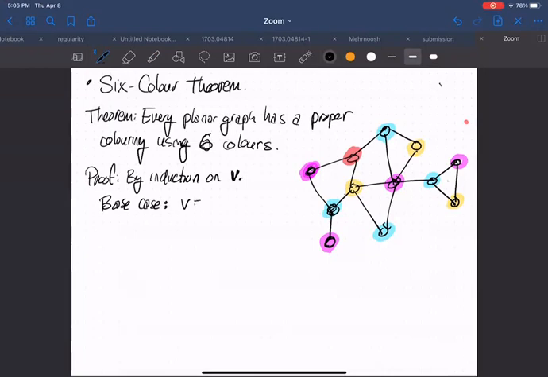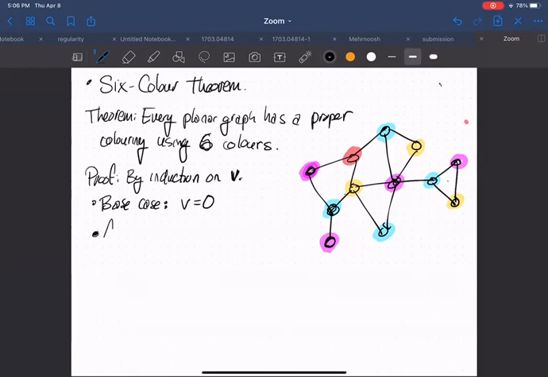Well, how about no vertices at all? So if the graph has no vertices, I don't need to use any colors, and I certainly do not have two vertices of the same color with an edge between them. I don't even have two vertices. So that's easy. I love it when the base case is simple like this.